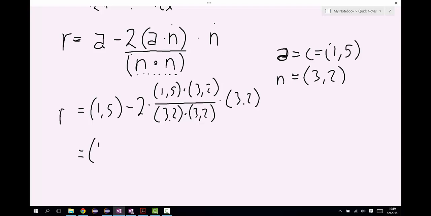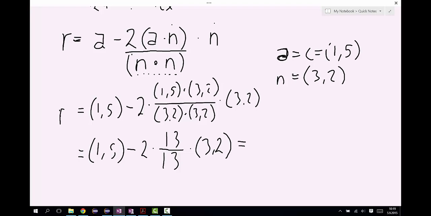This gives us 1, 5 minus 2 times, 1 times 3 plus 5 times 2, that's 13. We already had that dot product earlier. So then we have 9 plus 4, which happily also gives us 13, interestingly enough, times the vector 3, 2.